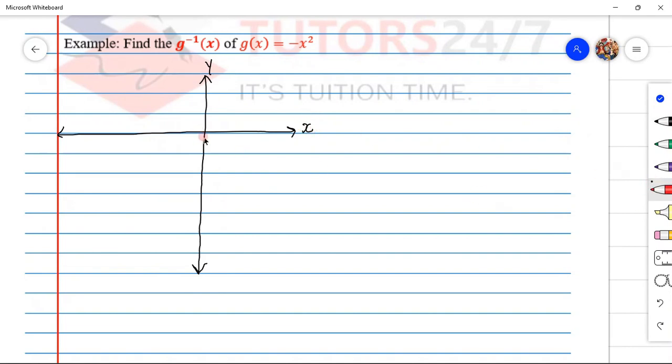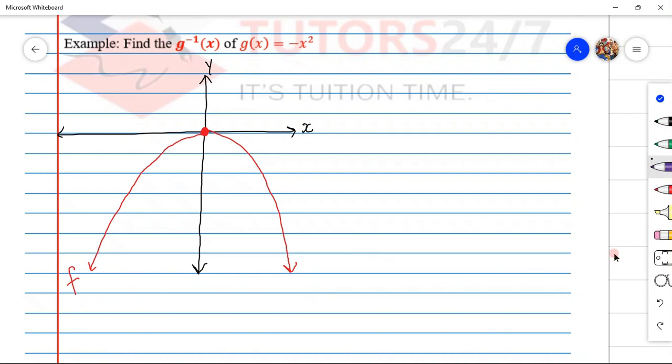So our function is negative x squared. So it's kind of similar to our previous example. The only difference is that this is a sad face function, whereas the previous one was a smiley face function. Now this is f of x.